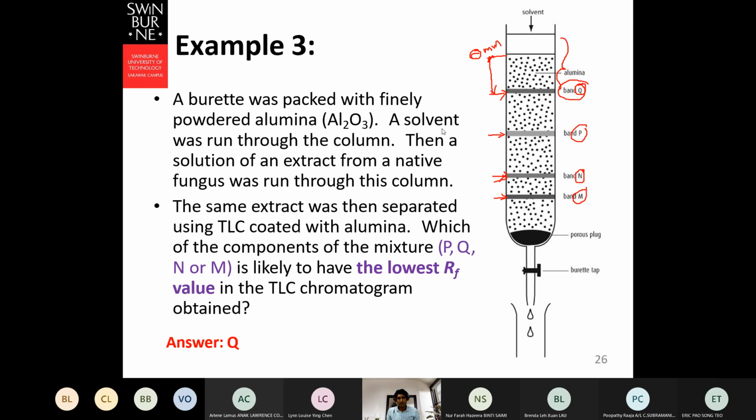What will happen? What do you think will happen? If I take this glass column 10 meters long, what will happen?